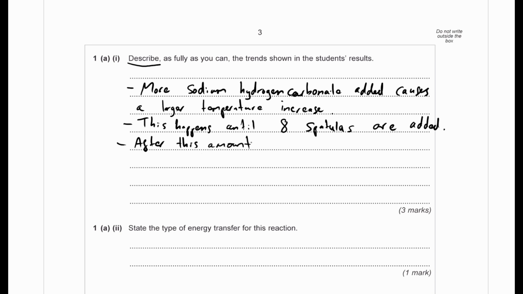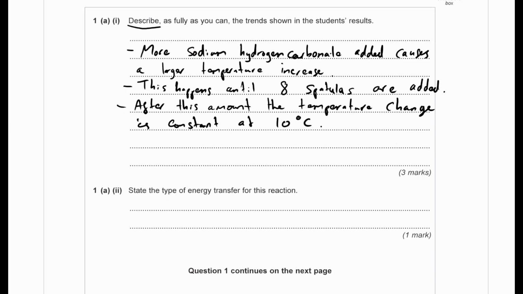So after this amount of spatulas added, the temperature change is constant at 10 degrees Celsius. Alright, and so that's 3 marks. That's more than enough. We've described the trend, and so we are happy.